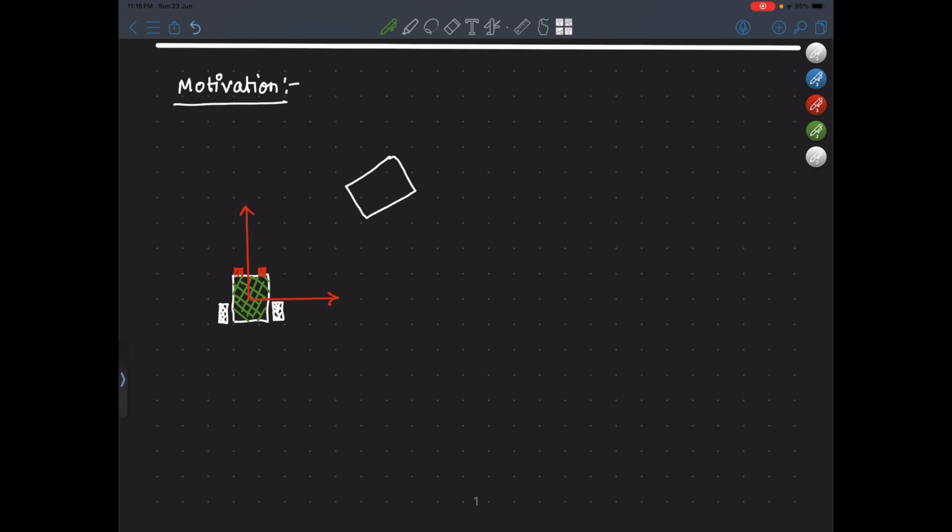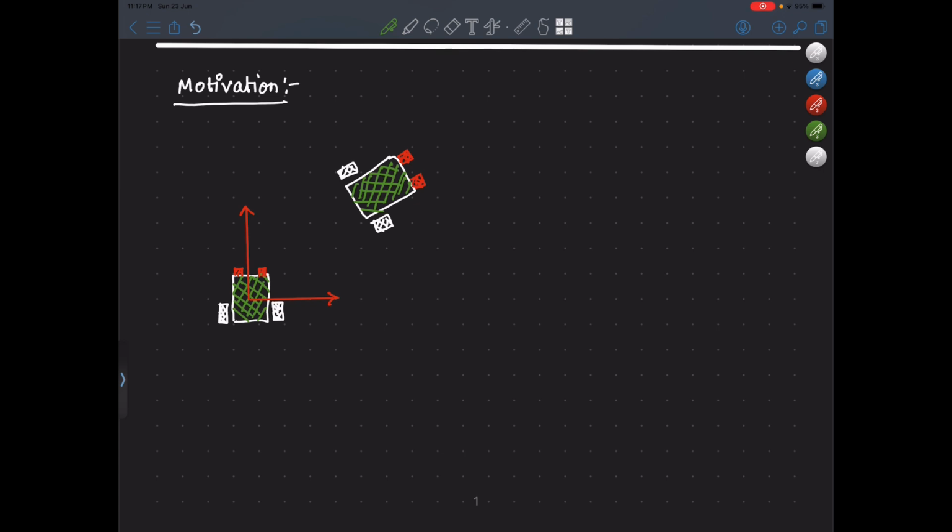So now let's say there is a sensor on the robot whose position on the base frame, or how it moves, is important to know.